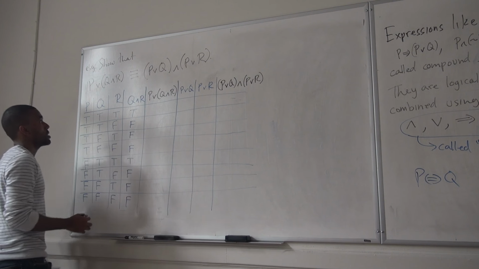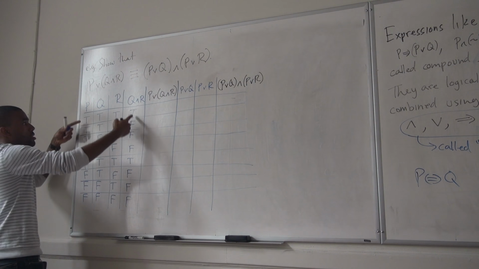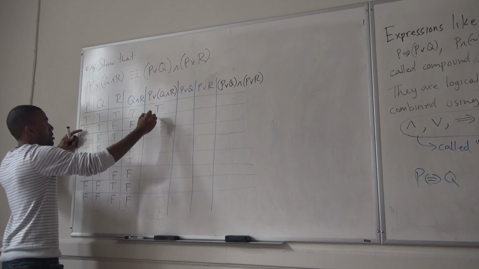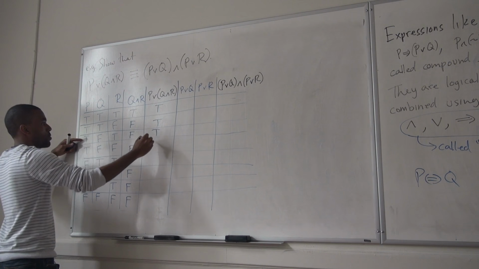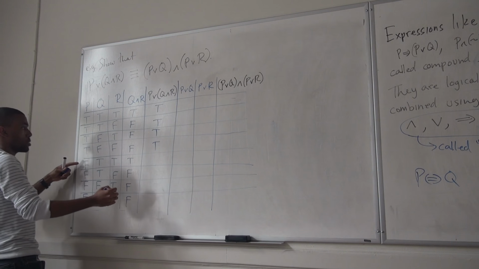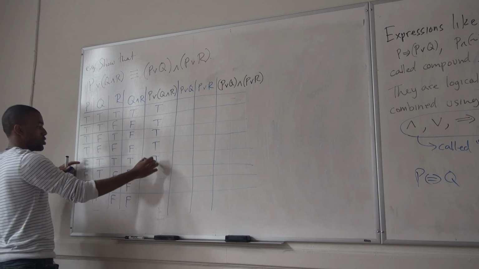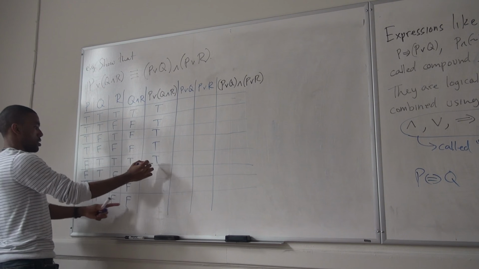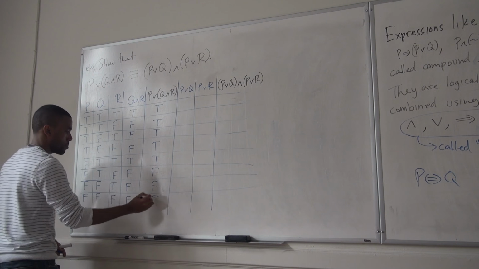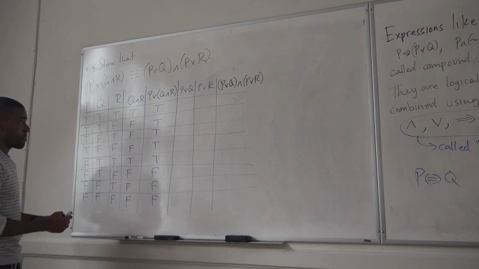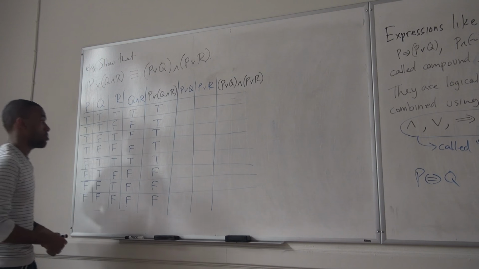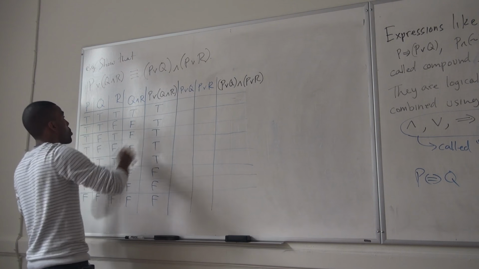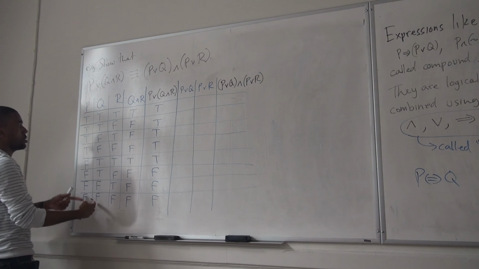Okay, now what if I say this or that? Well, it's true for the first four because these are true. And then here it's true because this is true. It's false, false, false. Okay, so P or Q, meaning I'm looking at these two.